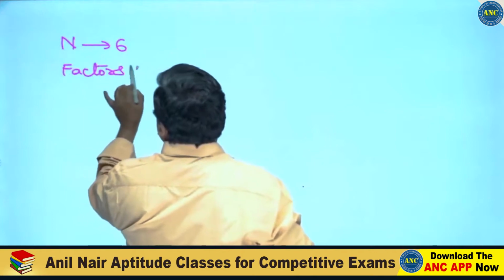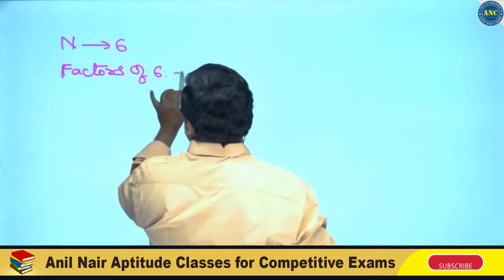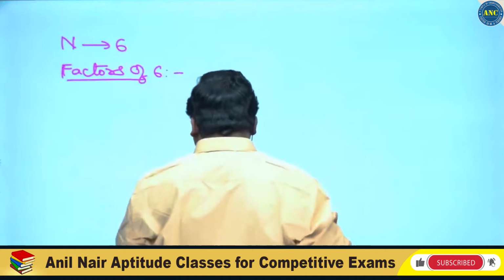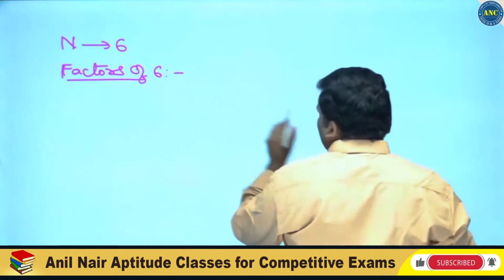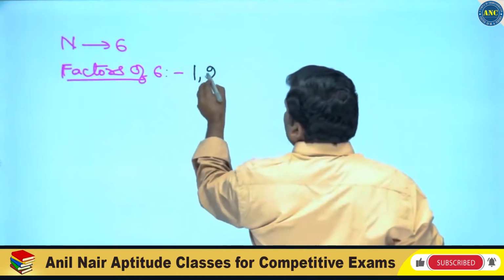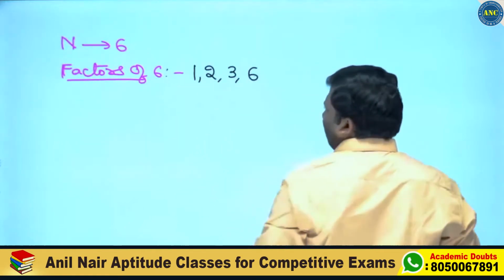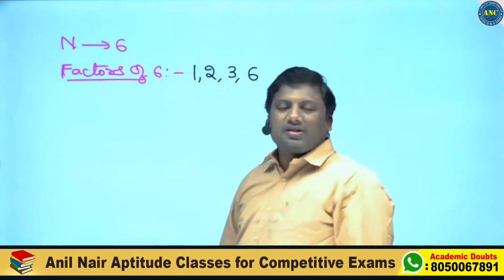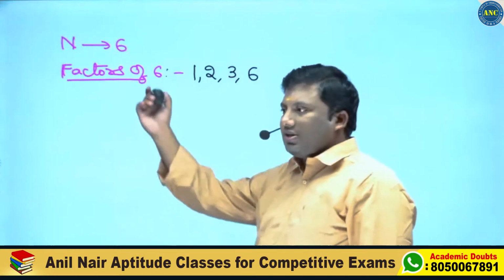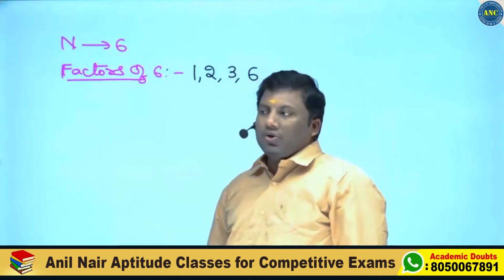Let me write down. 1 is a factor of 6, 2 is a factor of 6, 3 is a factor of 6, 6 is a factor of 6. Factors of 6 are 1, 2, 3 and 6.